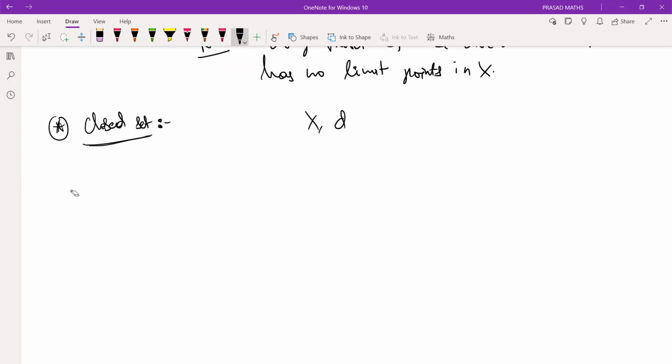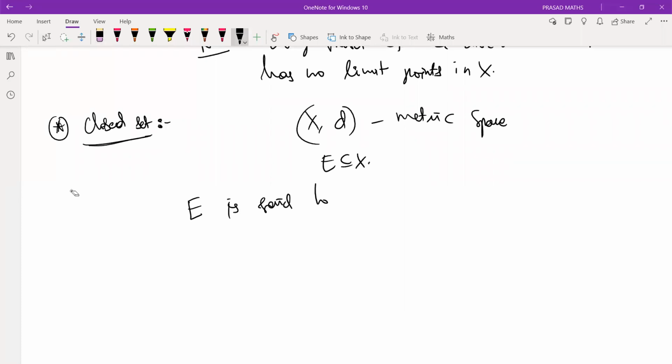So again, you start with the same metric space X. This is my subset E of X. E is closed in X if and only if it contains all its limit points.